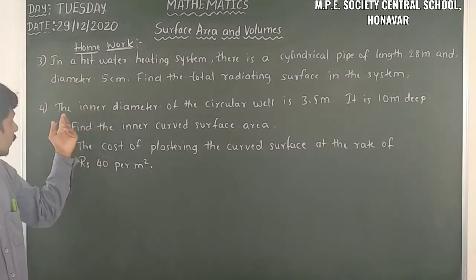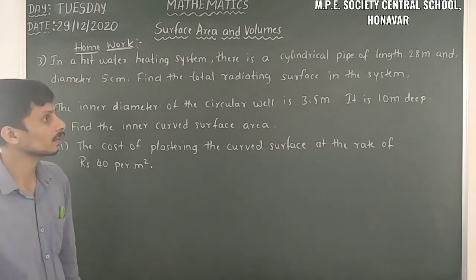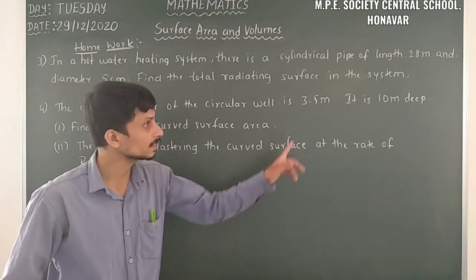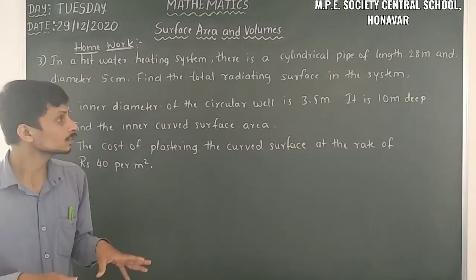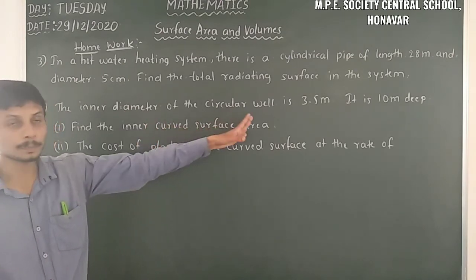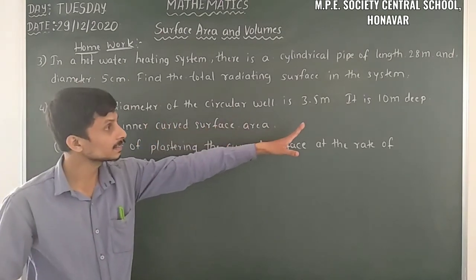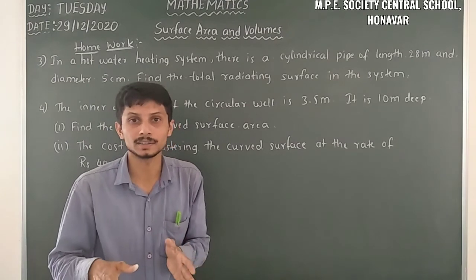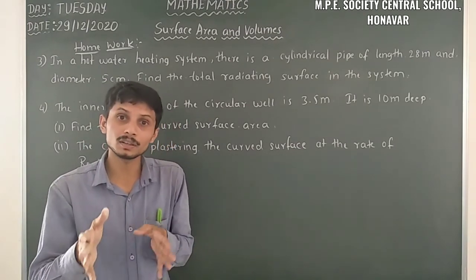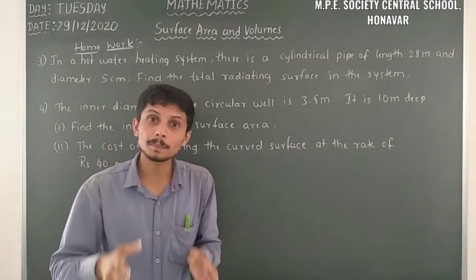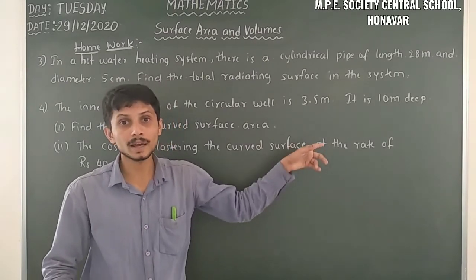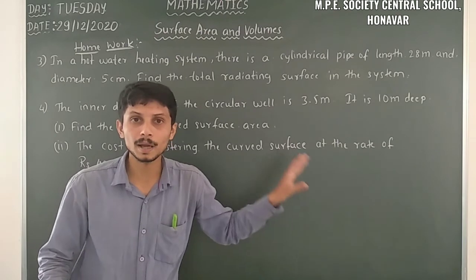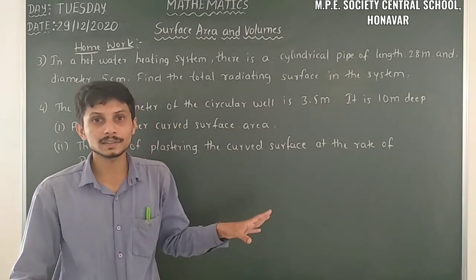And then here we have the inner diameter of a circular well, 3.5 meter, and it is 10 meter deep. So it is a well. Deep means it's the height. Already we learned that in the case of the length of a pipe and the depth of a well, we have to consider them as the height.